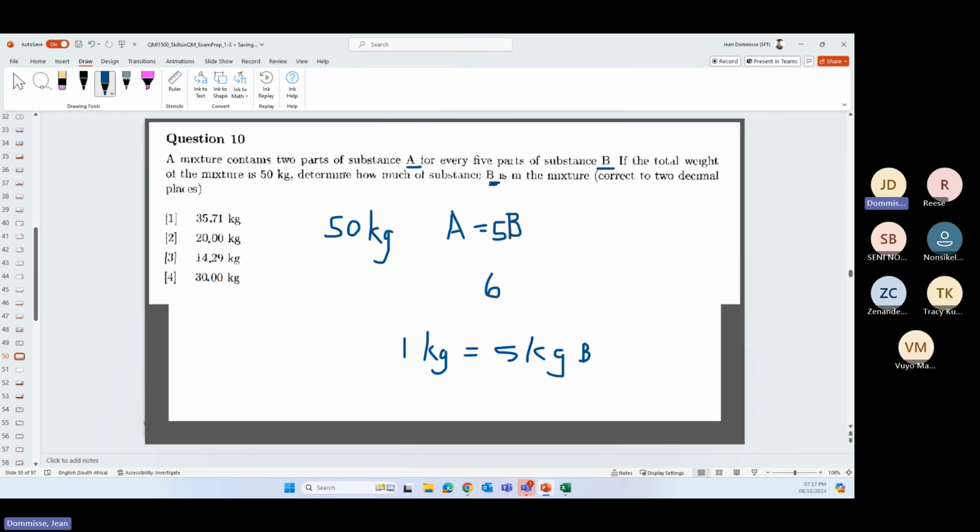Because that feels weird. Substance A for every, or am I now reading this wrong? Because if it is this, then I say for every 1 part, there's 5 parts. Okay, so let's say that.